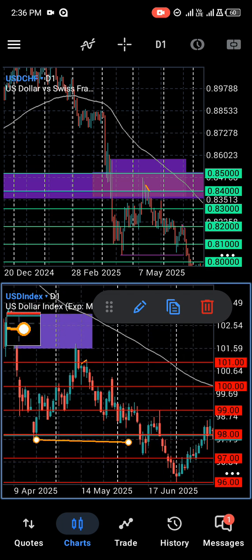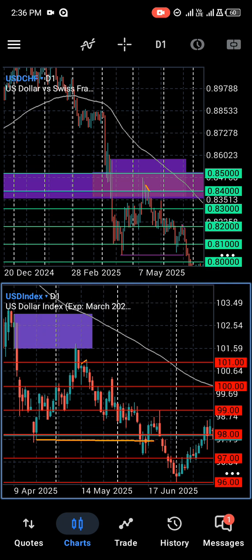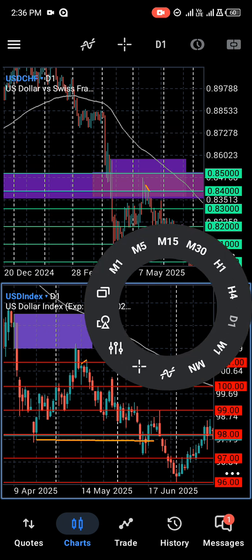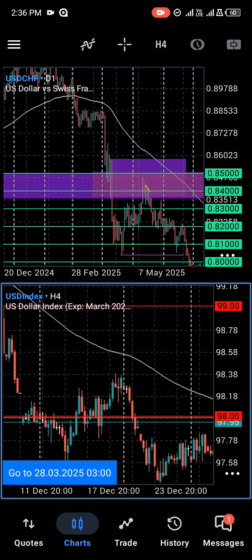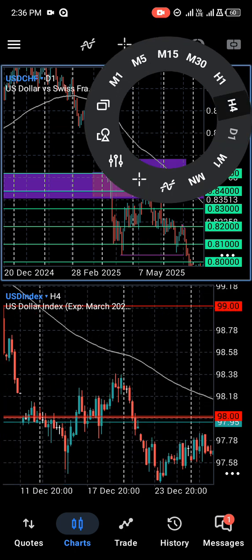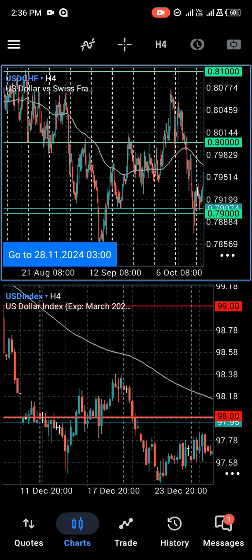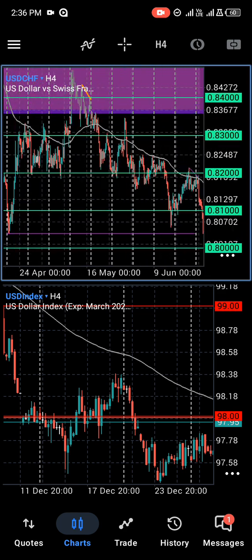Sorry, I'm using my phone to record. That's why my screen is a bit more minimal. We broke structure to the downside. Okay, we had that, and here, let me go to the 4-hour, and also here go to the 4-hour. I use it mostly.